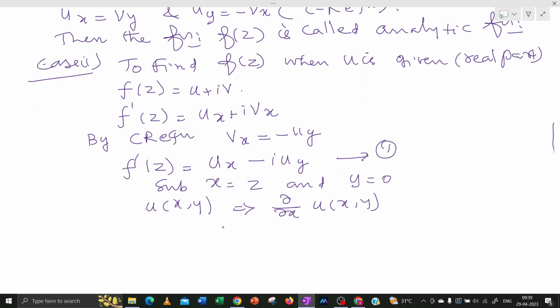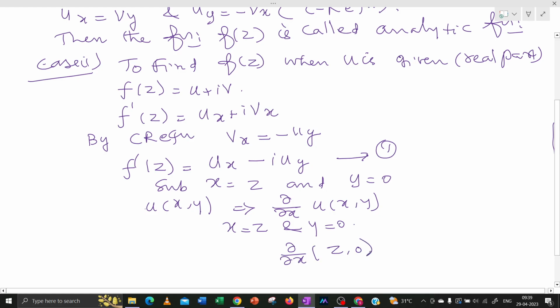If you substitute x equal to z and y equal to 0 here, you will get dou by dou x of u of z comma 0. Is it not? So we can write that as one more function phi 1 of z comma 0, which is equation number 2.